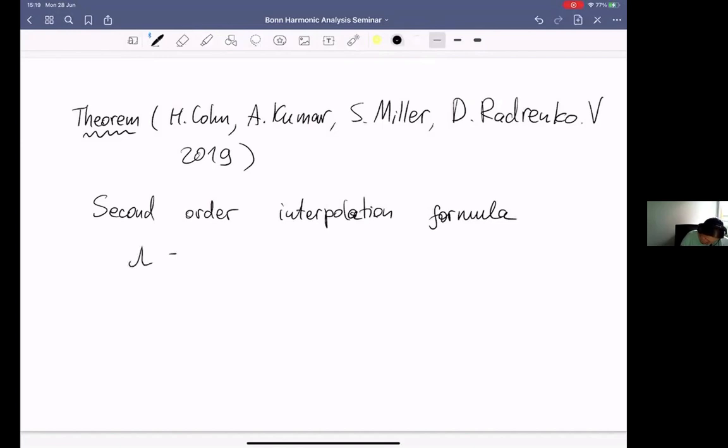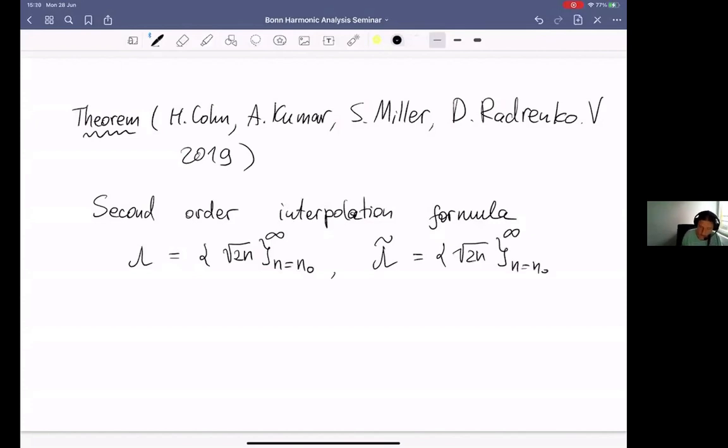from this set. Here our set lambda was the set of square roots of all even integers, and lambda tilde was actually the same set. It means that the information we needed was the value of the function at square roots of 2n, the value of its derivative at the same point, and the same information for its Fourier transform.